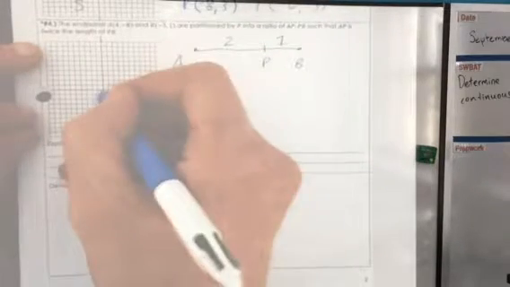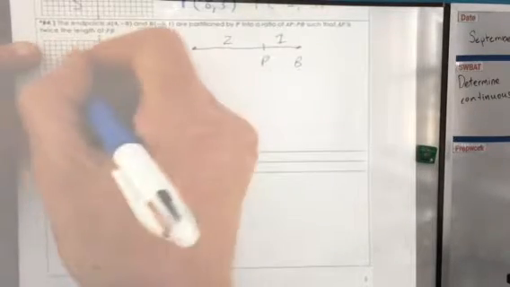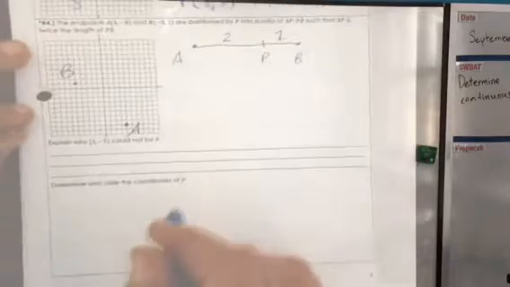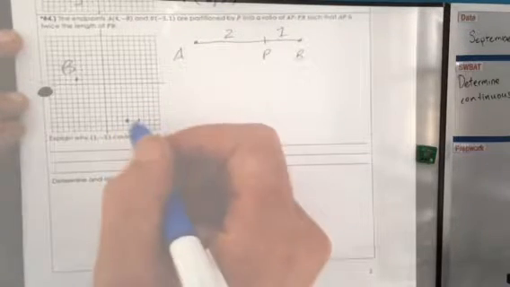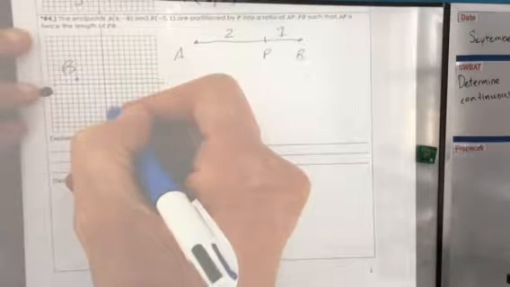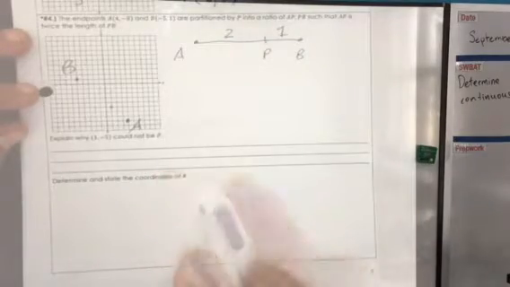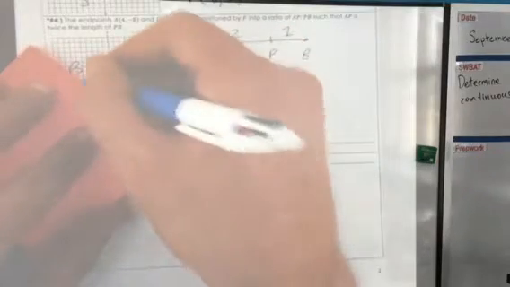And B is at -5, 1. Okay, so now the question says, explain why 1, -5 could not be point P. Okay, so looking at this, it looks like this coordinate 1, -5 falls on the line that connects A with B. Yeah, it does.